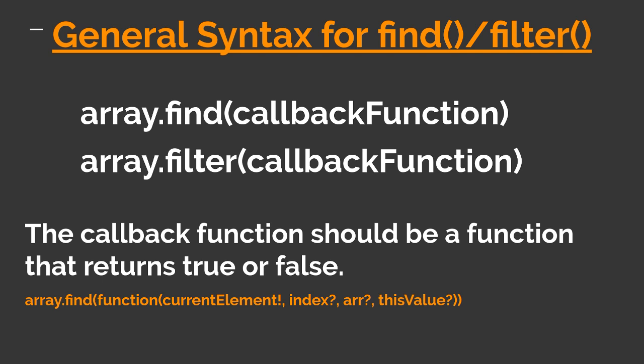It'll be the current element in the array that we've called find or filter on. We could reference the index, we could reference the original array, and we could pass an optional this object into the find or the filter methods as well. So that's the absolute maximum number of inputs we can have for this method.